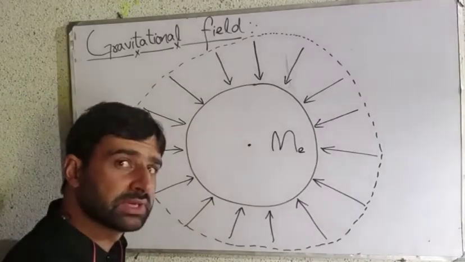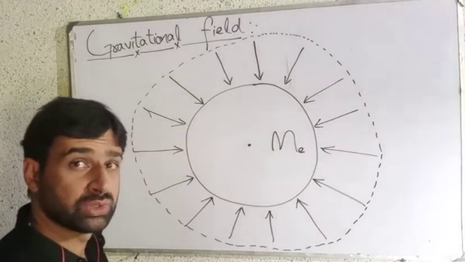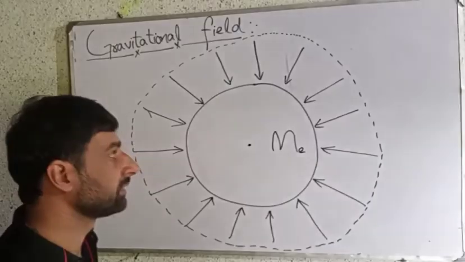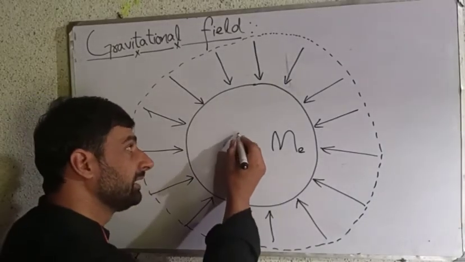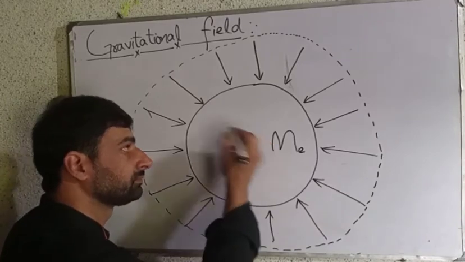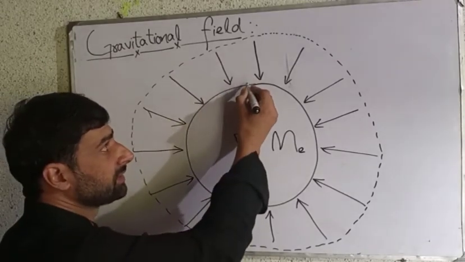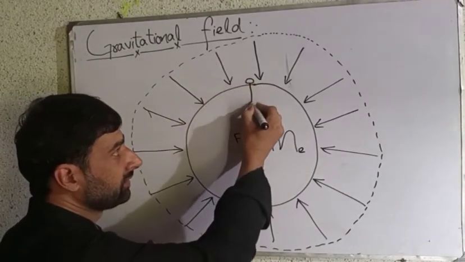The force of Earth is always directed towards the center, but what will be its value at the center of Earth? At the center, the value of this force is 0. It means if an object is placed here, it is attracted towards this point.